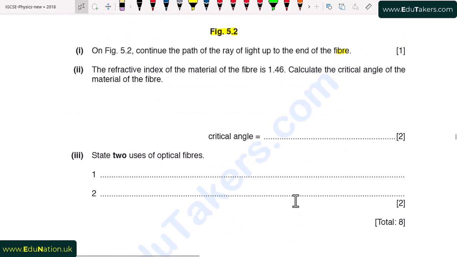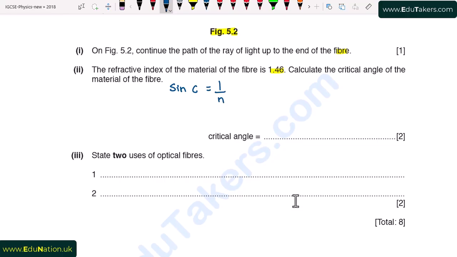Part 2. The refractive index of the material of the fiber is 1.46. Calculate the critical angle of the material of the fiber. So here we are given the refractive index and we have to find the critical angle. We know that sine of the critical angle is equal to 1 over n, where n is the refractive index.